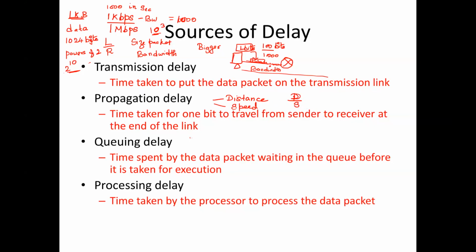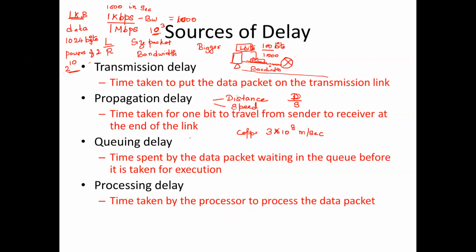Now, normally for copper cables, the speed of light is taken as the speed. I hope you know the speed of light value. It is 3 into 10 power 8 meters per second. So this is the value for the speed of light, and this is used for the copper cable.